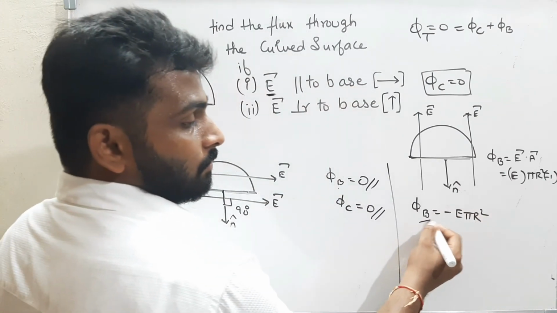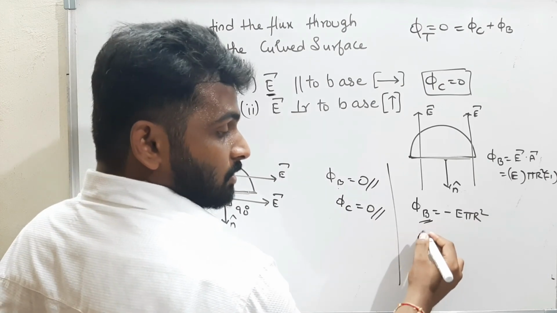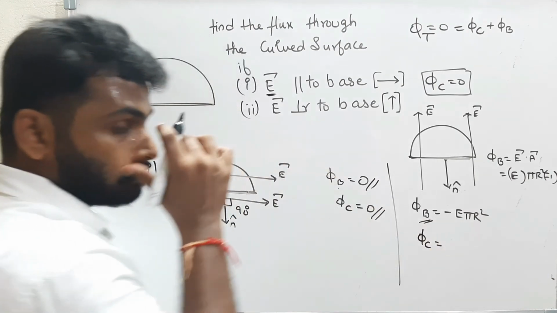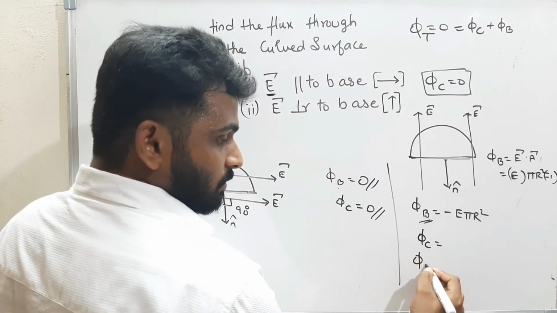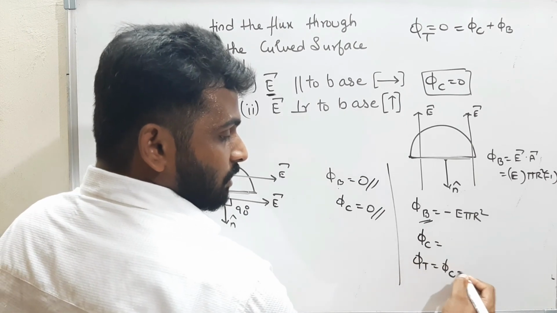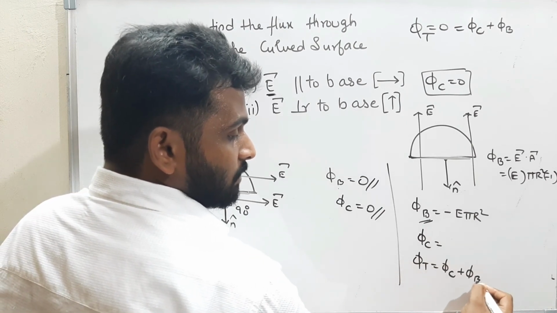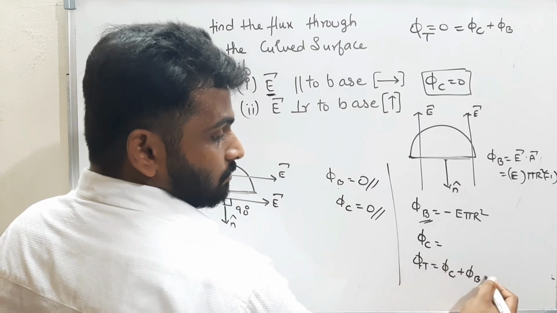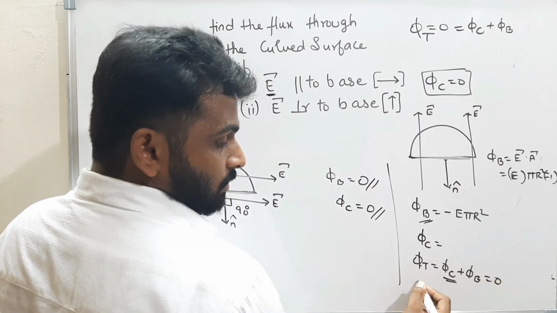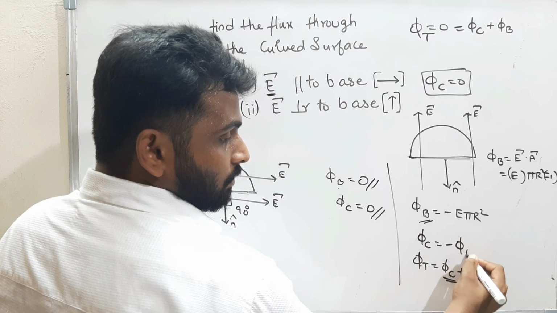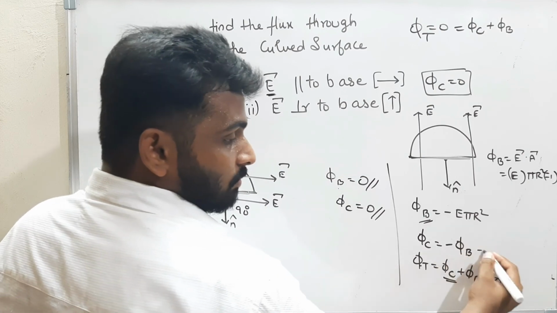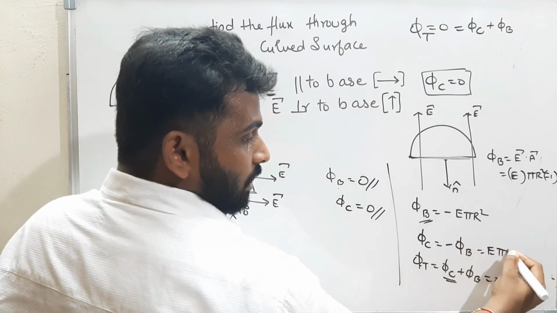Now, if the flux for the base is this much, what must it be for the curved surface area? The total flux must be equal to the flux through the curved surface plus the flux through the base. Now the total is 0. Therefore, this must be equal to minus the flux through the base, that is nothing but E pi r square.